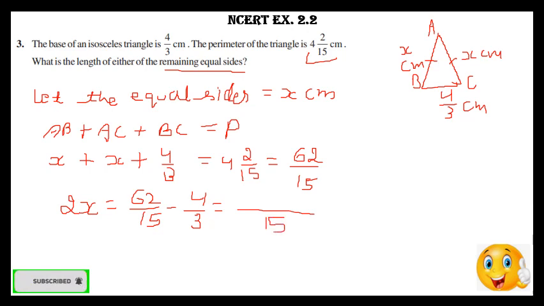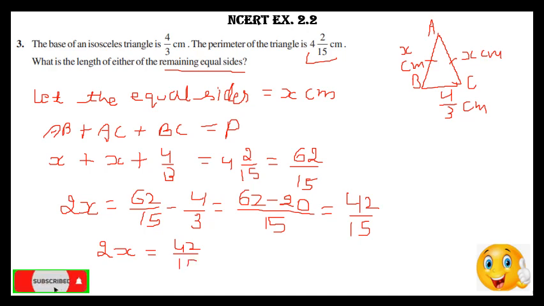So 15 is the LCM of 15 and 3, so 62 will be written as it is, 62 upon 15, and 4 goes 5 times because 3 goes 5 times to become 15 here, so minus 4 5s are 20, and we will subtract 20 from 62, it is 42 upon 15.